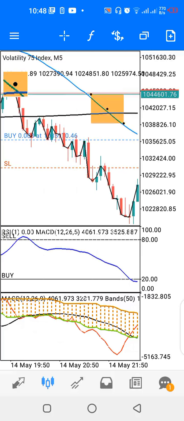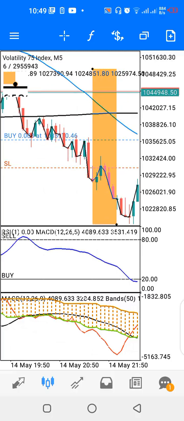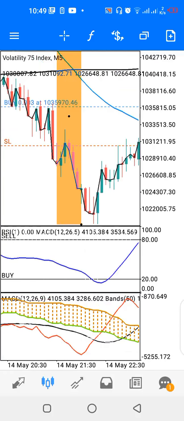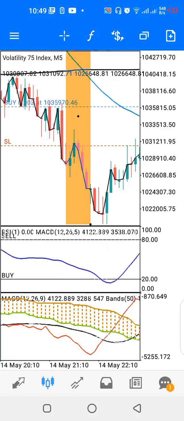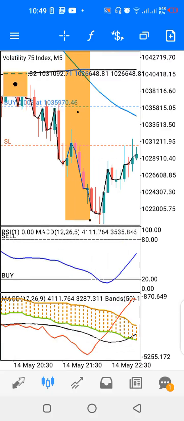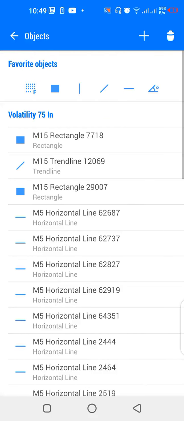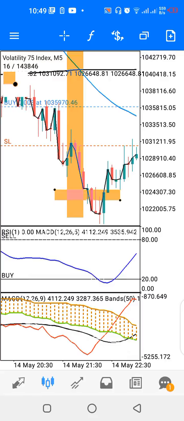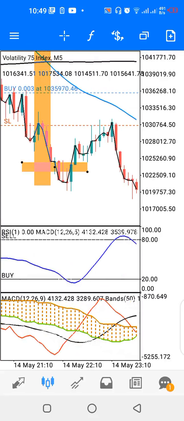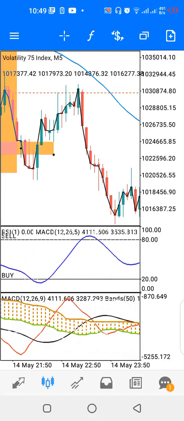So the moment you have this crossing around here, you can look to sell the break of the low. Let's assume you have the crossing around here. So the low should be somewhere around here. So the break of the low is where you start to sell. Let's just assume you start to sell somewhere around here.